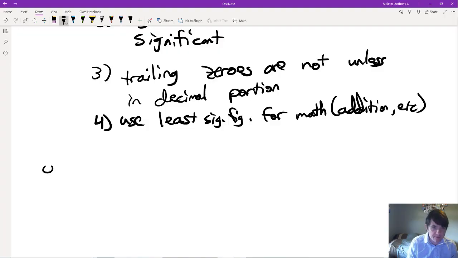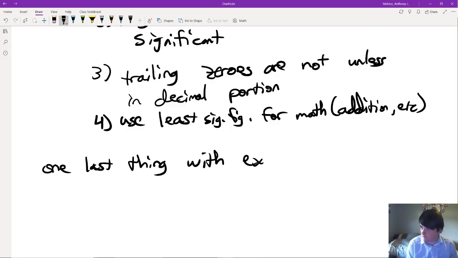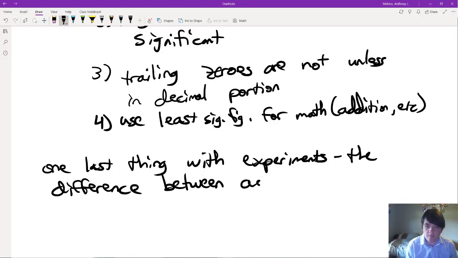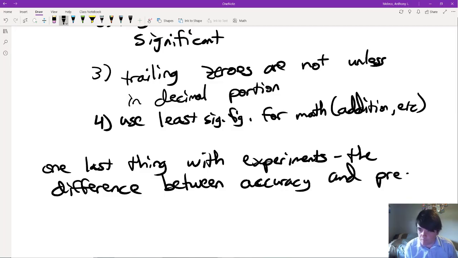One last thing with experiments. The difference between accuracy and precise.